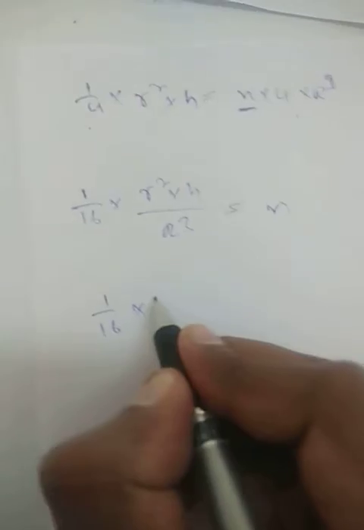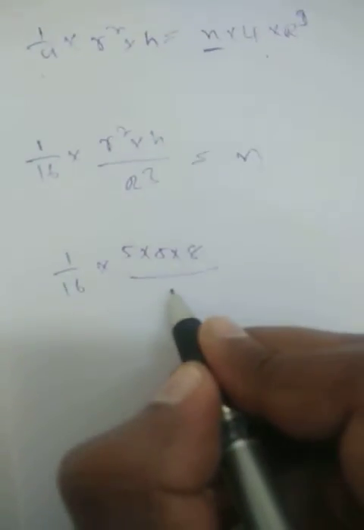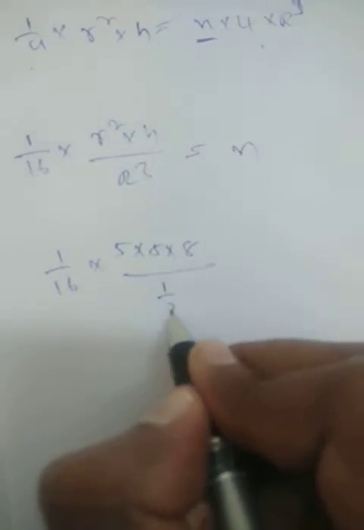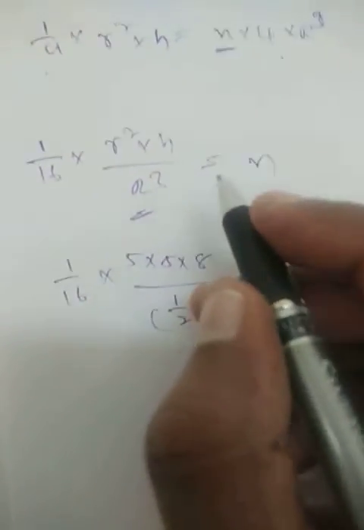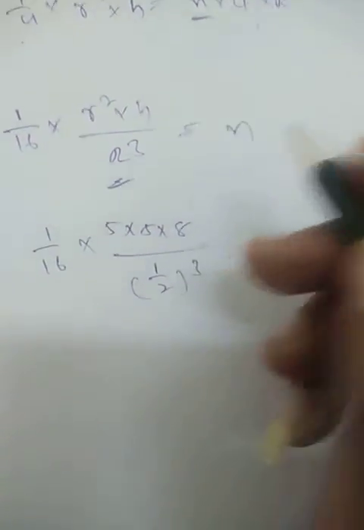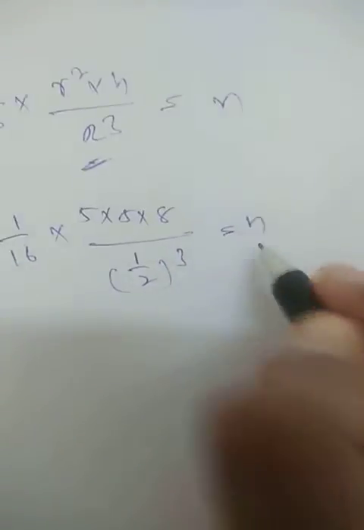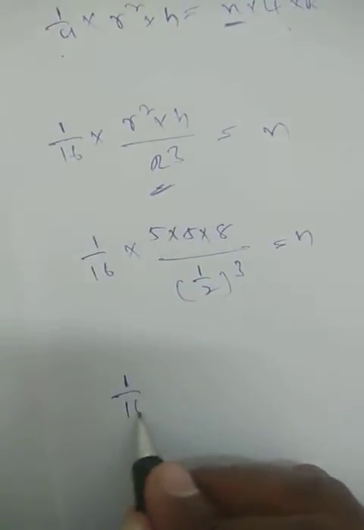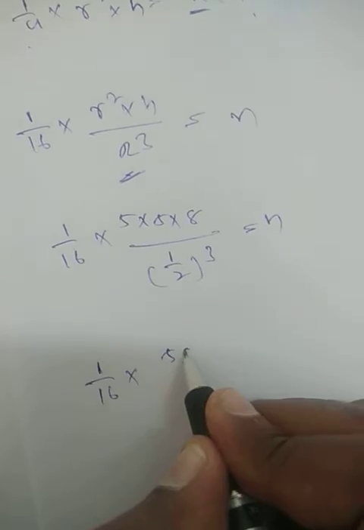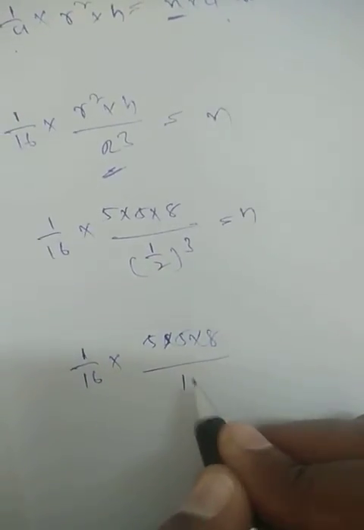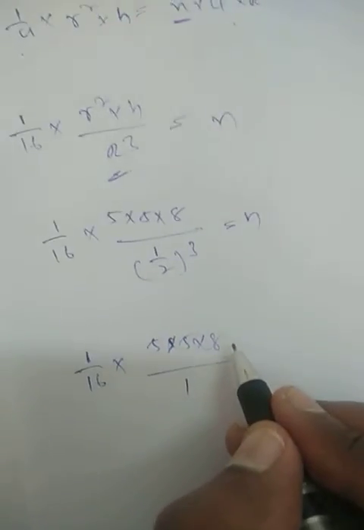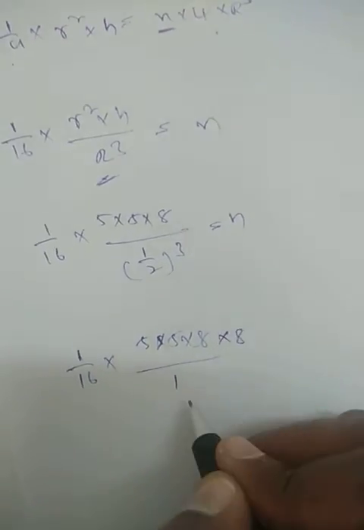So 5 square is 5 into 5, height is 8. In the similar way, the radius of the lead shot is 1 by 2 whole cube, since they have given 0.5.